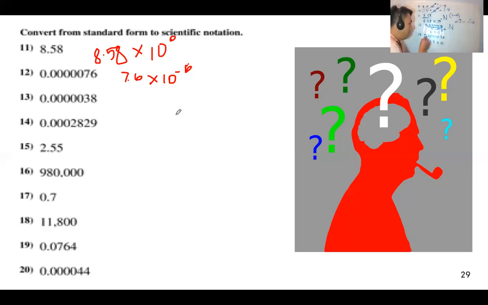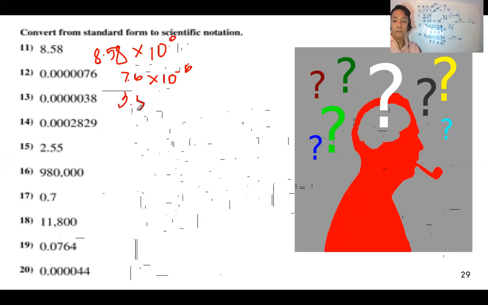We need to count from there to there. 1, 2, 3, 4, 5, 6 also. 6. Now, nag-move tayo to the right side. And if we are moving to the right side, our sign is negative. So, negative 6. So, the answer for number 13 is 3.8 multiplied by 10 raised to negative 6.